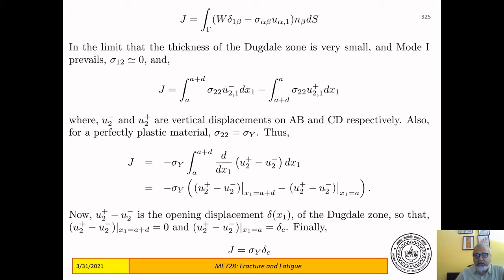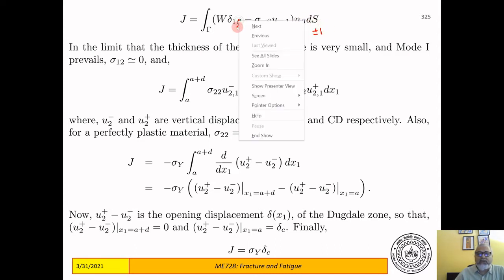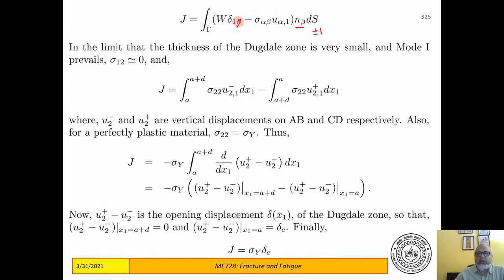The contributions come only from the top and bottom faces. At the top and bottom faces, n beta is equal to plus minus 1 for beta equal to 2. So beta is always equal to 2 on the upper and lower faces, and therefore this term is equal to 0 because delta 1 2 is 0.